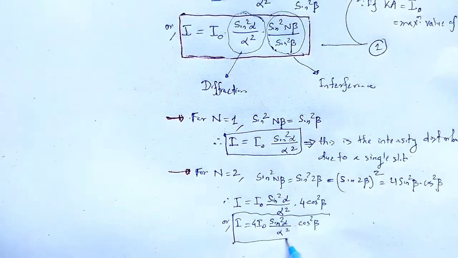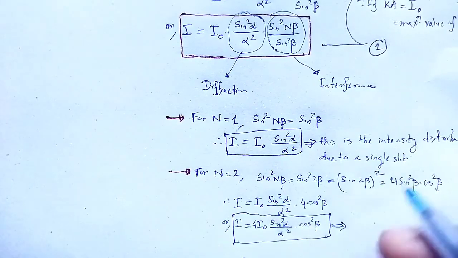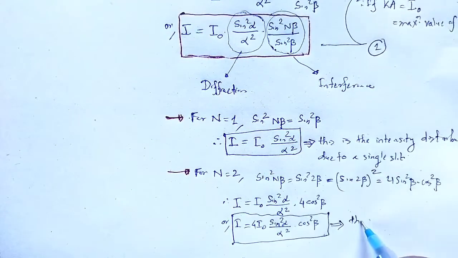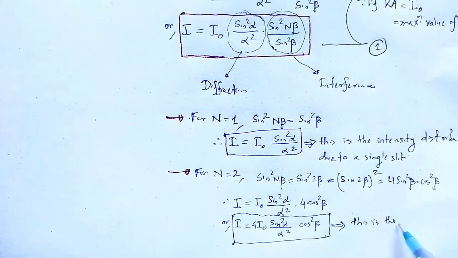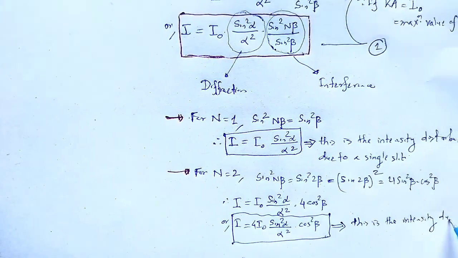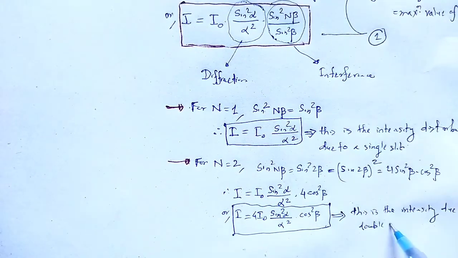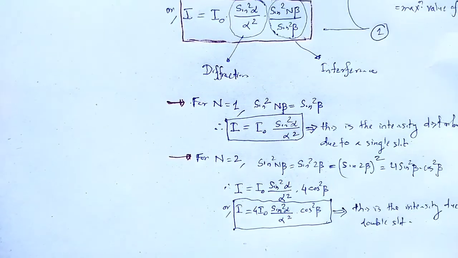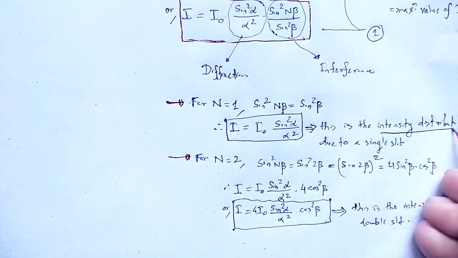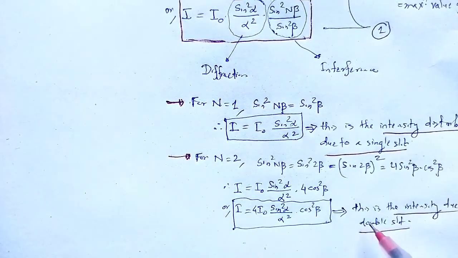So, that is the expression for intensity due to double slit. That is the expression for intensity due to single slit, and that is the intensity due to double slit.